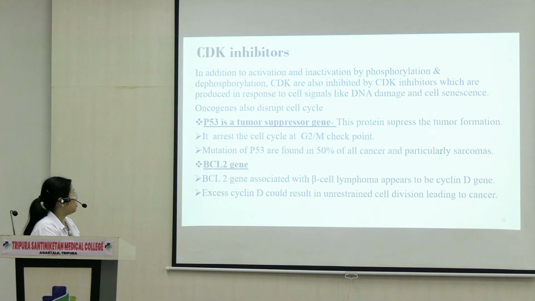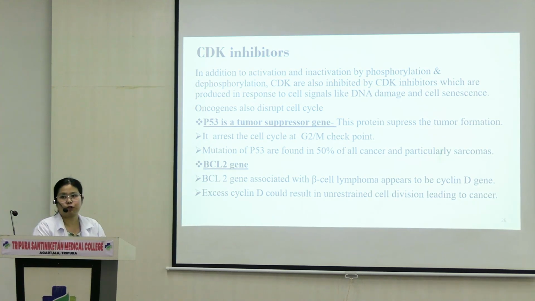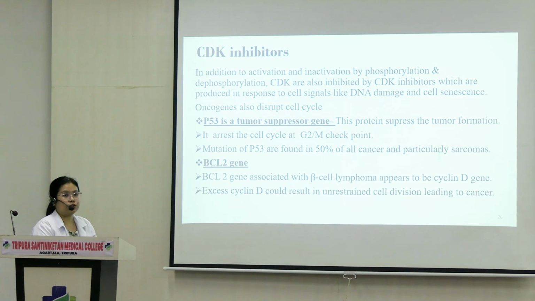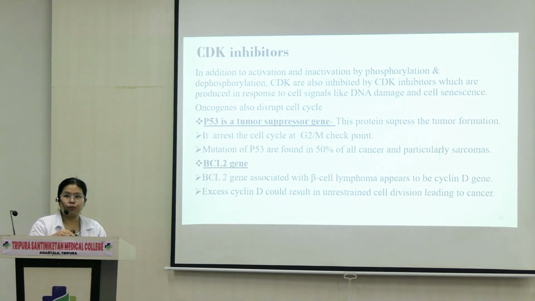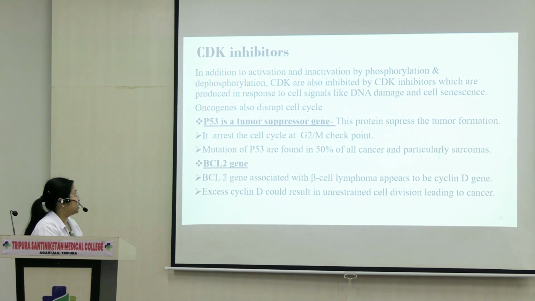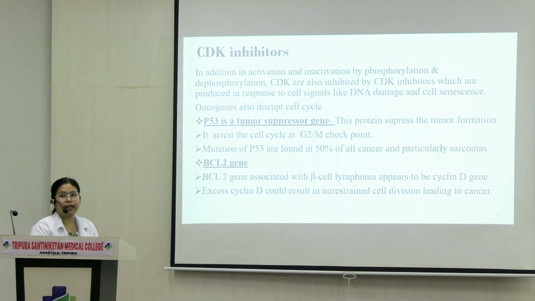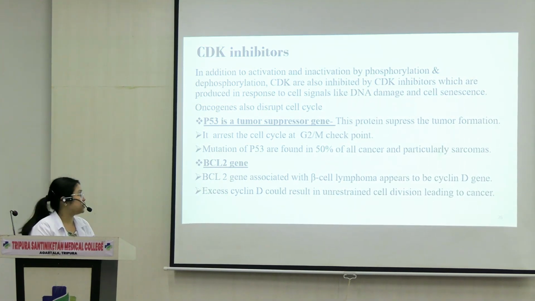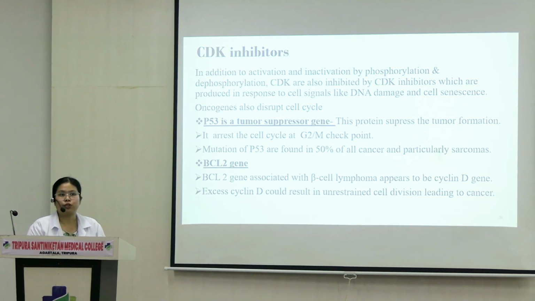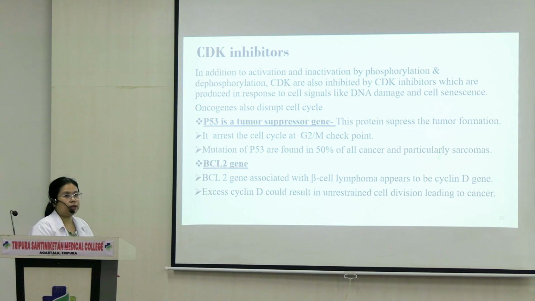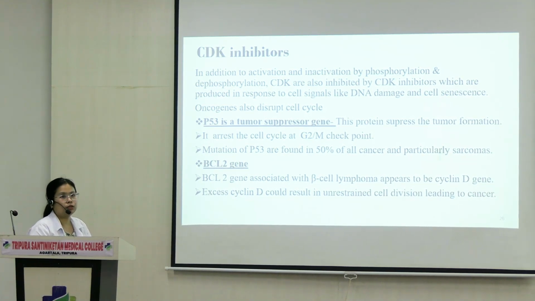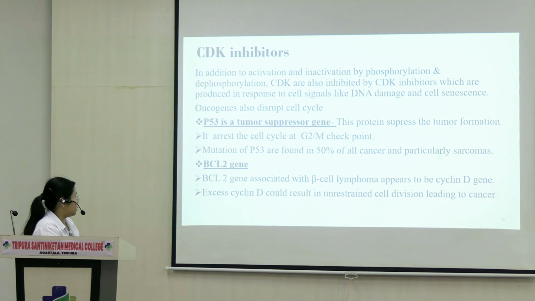One of them is P53, very important for your short notes. P53 gene is a tumor suppressor gene, meaning it suppresses the activity of the tumor. It arrests the cell cycle at G2 and M phase. But it is seen that in 50% of cancers, this P53 gene is suppressed. So if the P53 gene is suppressed, that means there will be no suppression of the cancer cells, so the cancer increases in size.